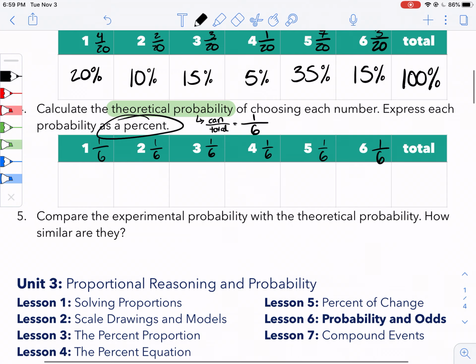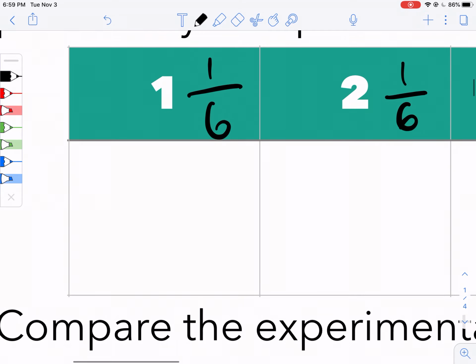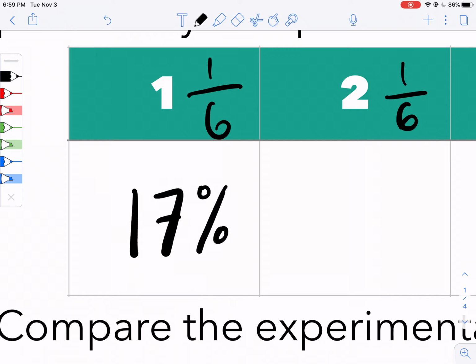But again, let's put that as a percent. That's 0.1666. It's actually 16.6666%, but we'll just round to the nearest percent.